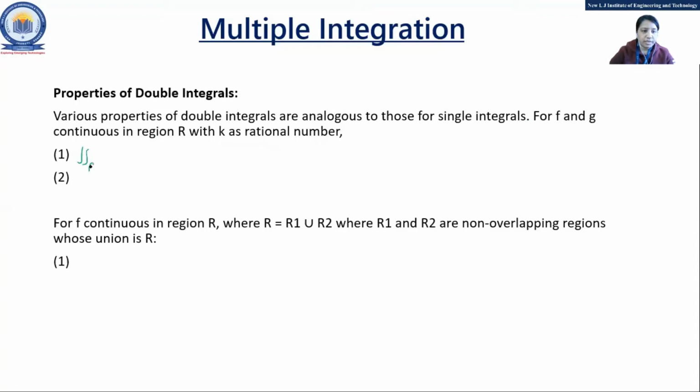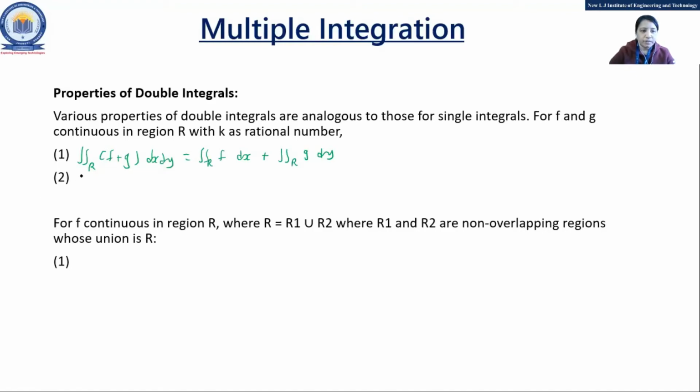The first property: the integral over region R of f plus g can be separated, written as the integral over R of f dx dy plus the integral over R of g dx dy. That means you can do the addition separately.